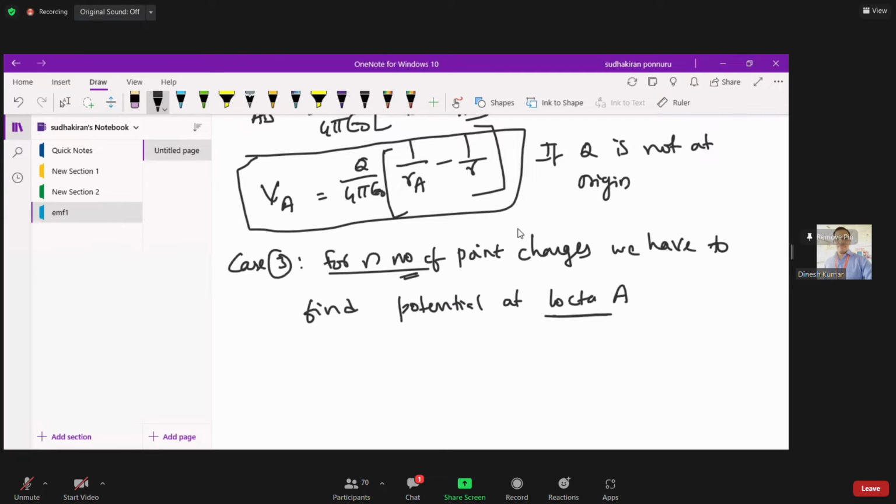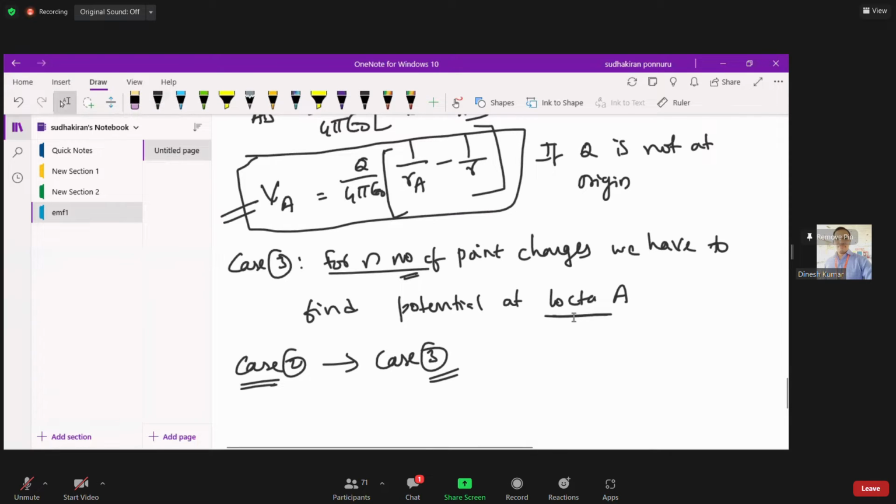What are we going to take? We are going to take the help of case 2 to find the final expression for case 3. So we are going to apply the equation of case 2 for case 3.